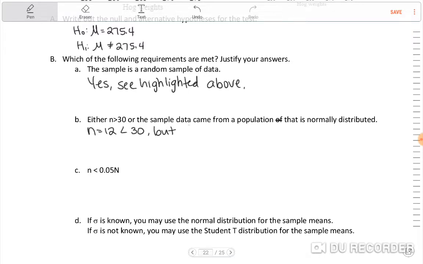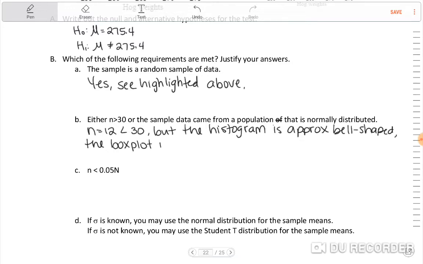But the histogram is approximately bell-shaped. The box plot is fairly symmetrical.